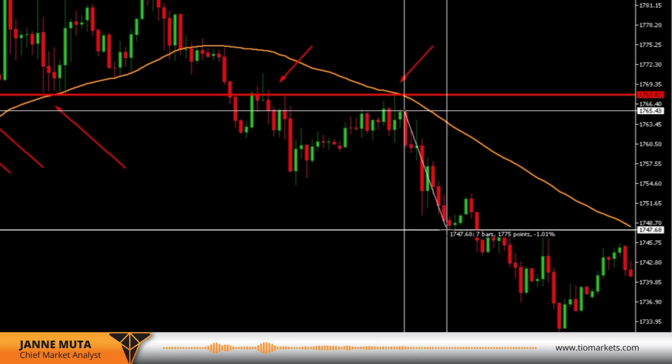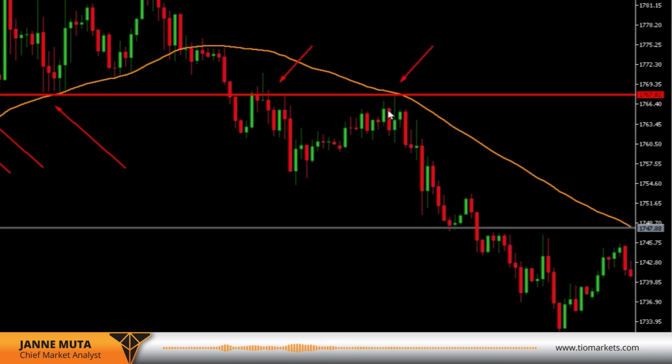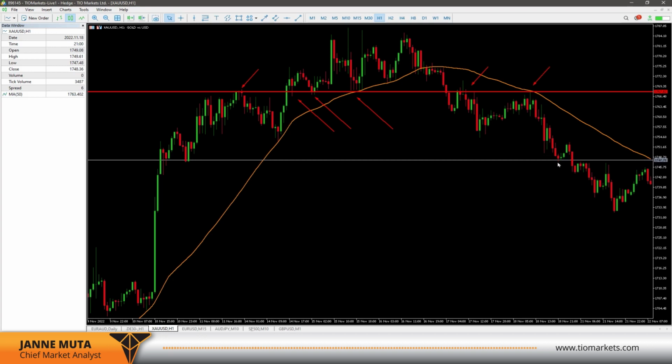So that's a significant move per contract, and all this just by taking one trade up here and then waiting to see if the market moves. And on this occasion it did move. That can be a very stress-free strategy if you just know what you're doing and let the market do the work for you.